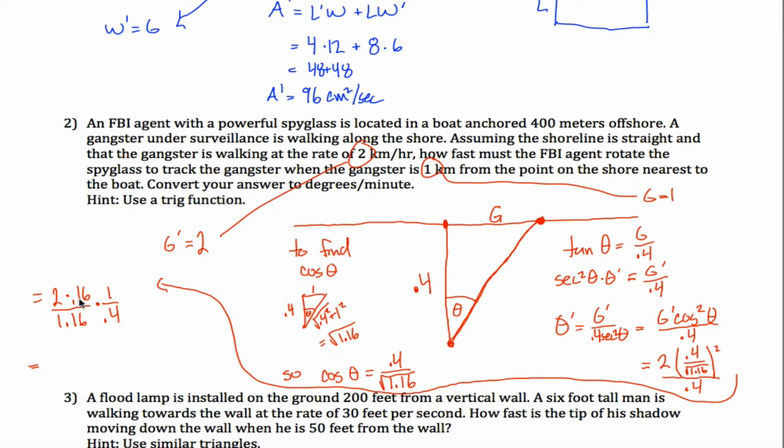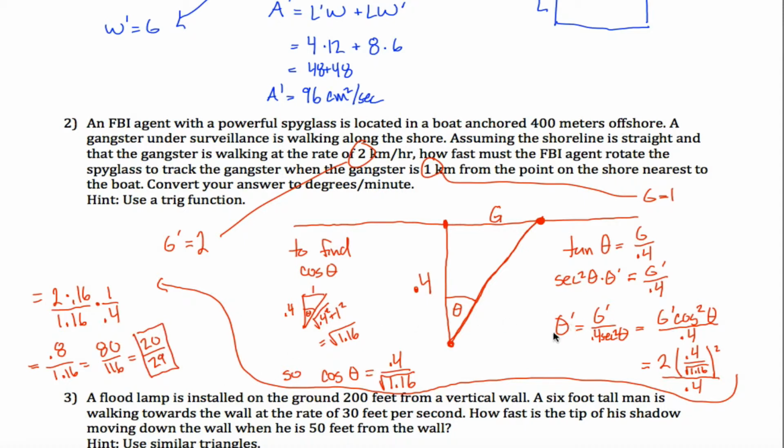Let's see, 0.16 is 0.4 times 0.4, so I cancel out this 0.4 with one of these 0.4s, and I'd have 0.4 left up on top, which I multiply by 2 to get 0.8 divided by 1.16. In other words, 80 over 116. Let's see, that reduces because 4 goes into both of those. So that would leave me with 20 divided by, this is making my head hurt, 29, I think.